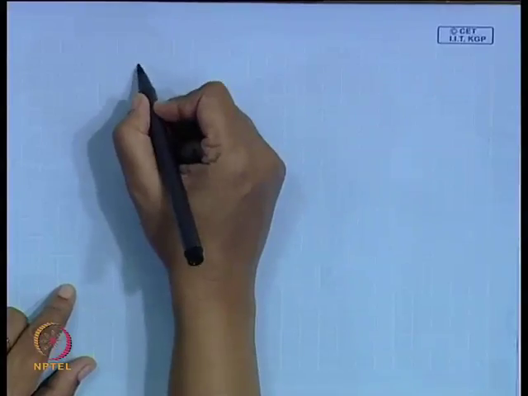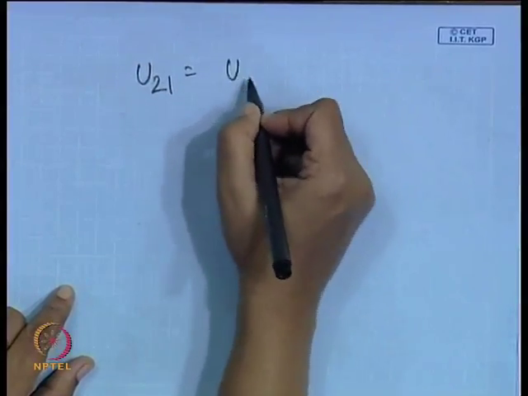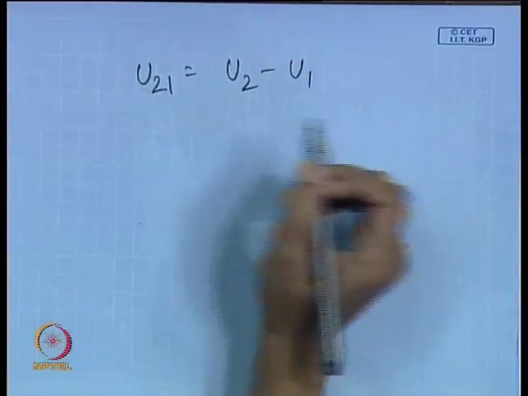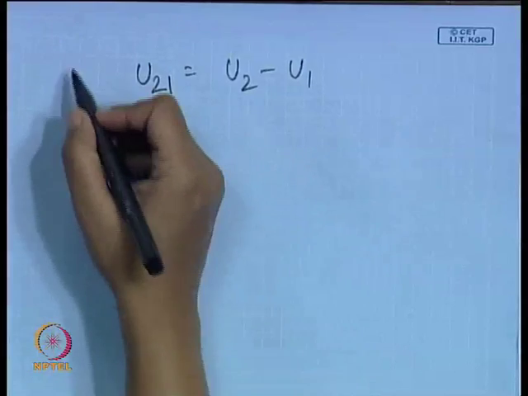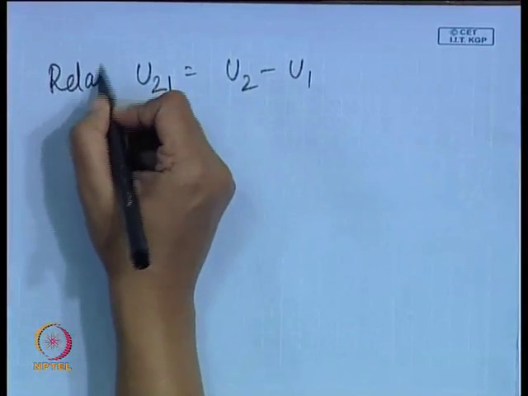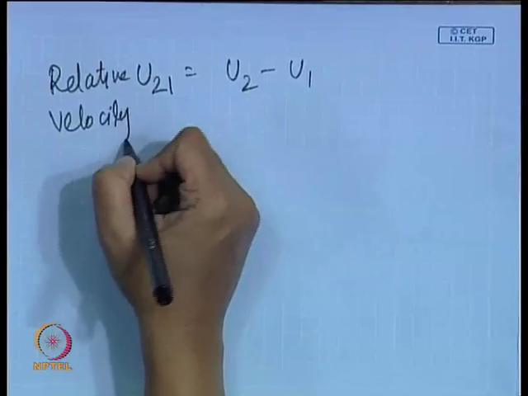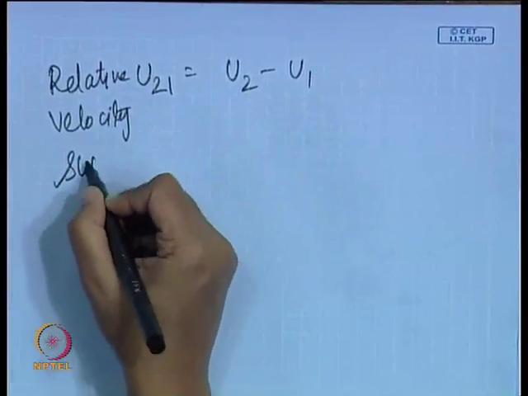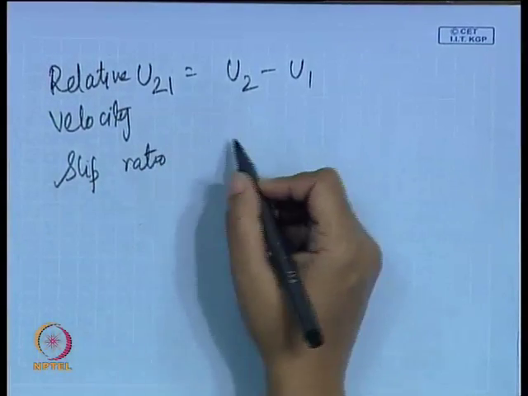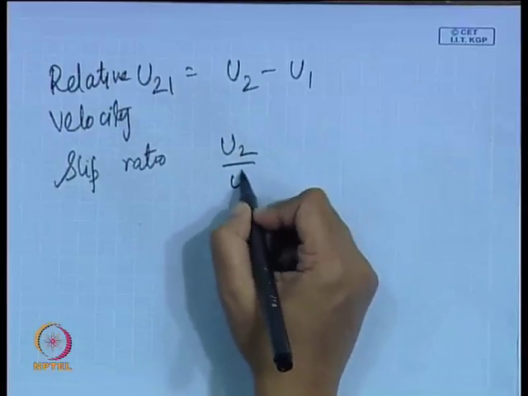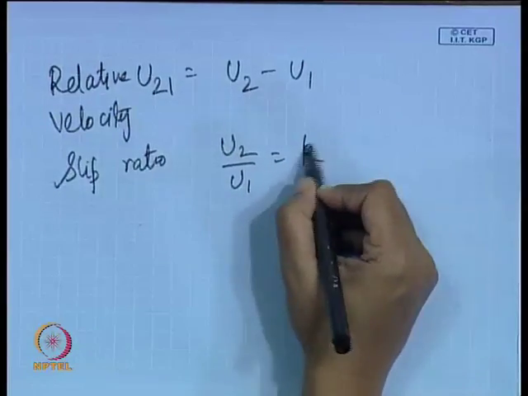Relative velocity we have defined as u21, which is nothing but equal to u2 minus u1, and this is the relative velocity. And the slip ratio, which is nothing but u2 by u1, is known as k.